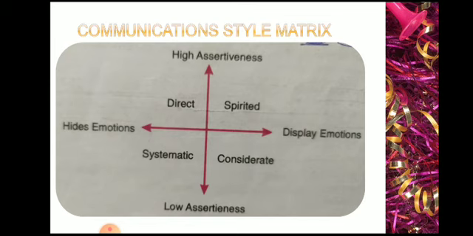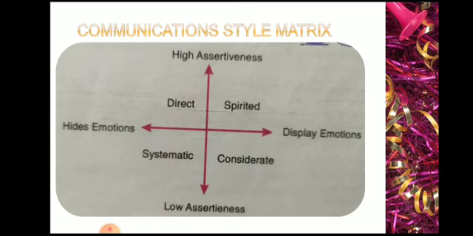You will find a specific style of communication of people, depending upon the percentage of expressiveness or assertiveness. Now suppose we say direct, then in direct, from here to here, there are actually wide possibilities.